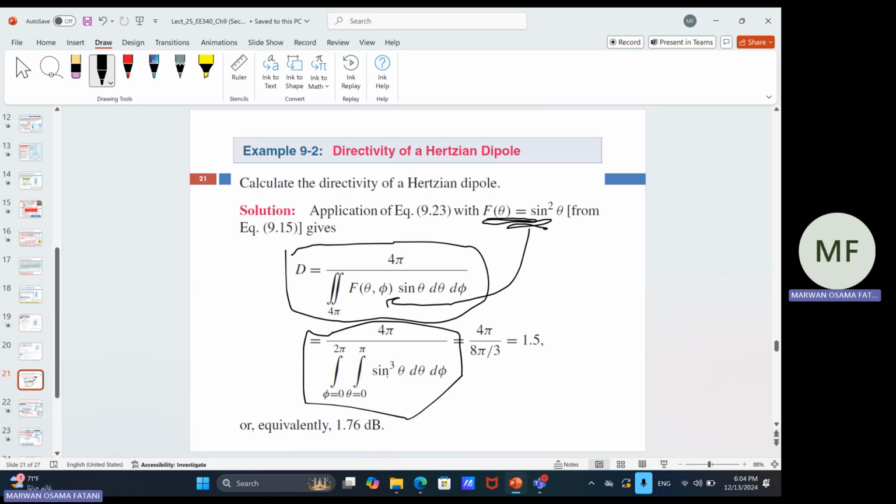Quite simple. We can do the integration here like we did in the question before with our cosine squared. So we do the integration of sine cubed theta, and we can get 8 pi over 3. We have 4 pi, which doesn't change, and we get 1.5. And in decibels, it is 1.76, 10 log D.